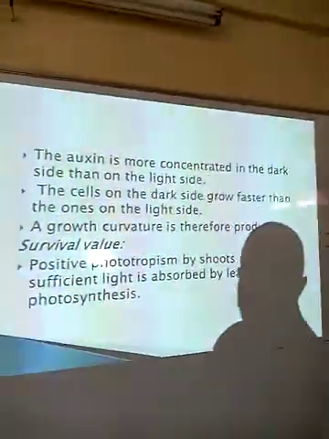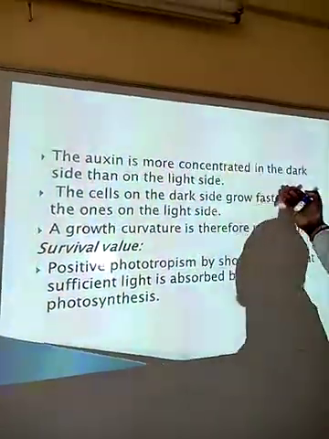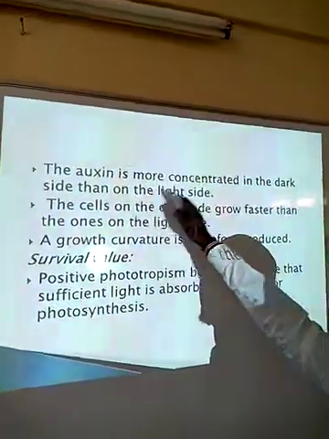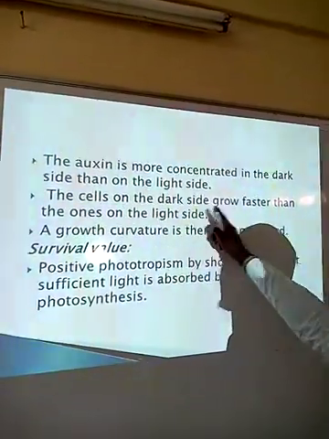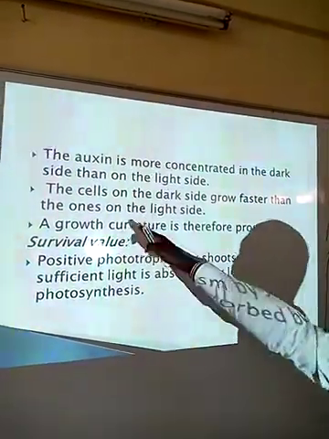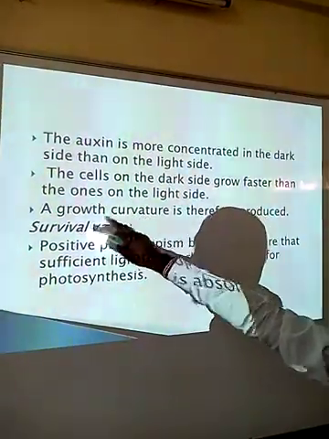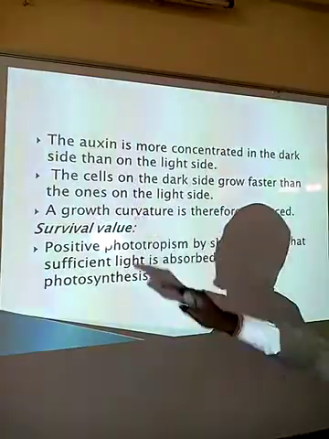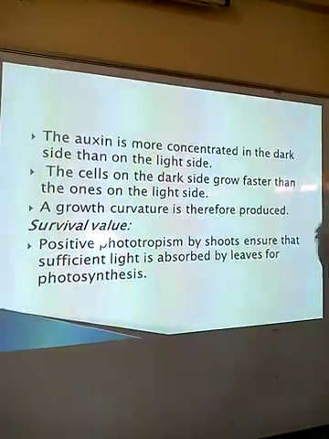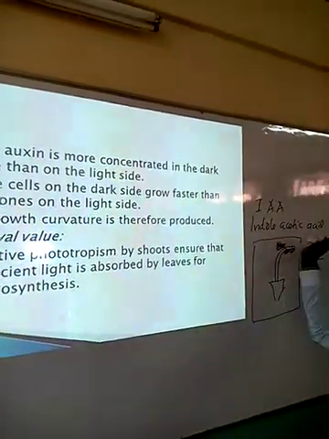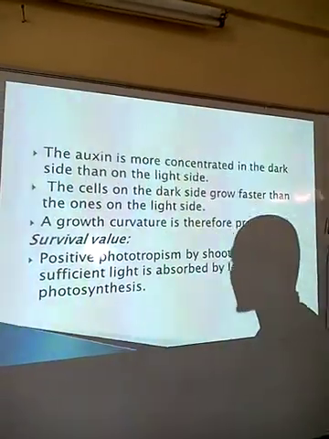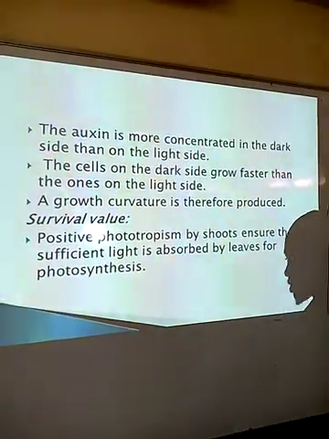Auxin is more concentrated on the darker side than on the light side. The cells on the darker side grow faster than the ones on the lighter side. A growth curvature is therefore produced, which is growing towards the light. You can ask yourself, why is this important to the plant?